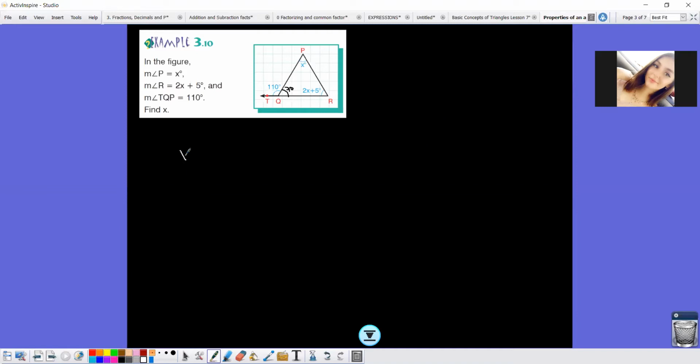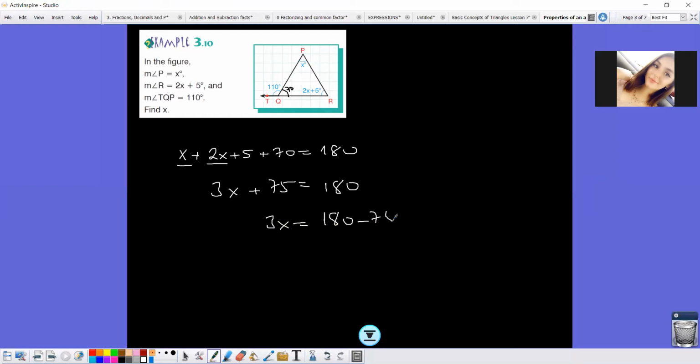So x plus 2x plus 5 plus 70 will be 180. So 3x plus 75 is 180. So 3x is equal to 180 minus 75, which is 105. x is 105 over 3, which is 35.